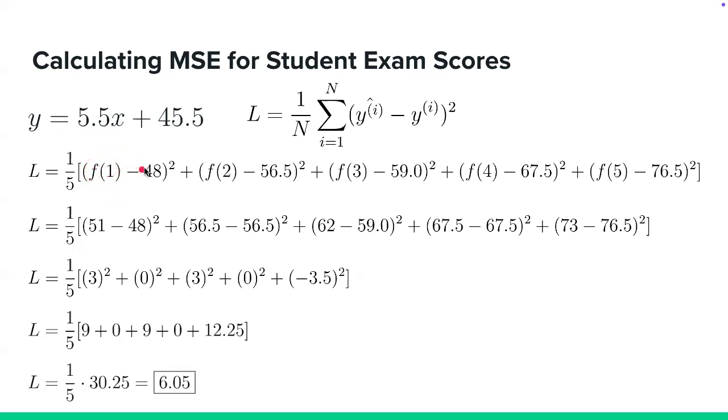So F1 minus 48 squared plus, this is the second data point, F2 minus 56.5, the actual score, squared, plus F3 minus 59 squared, plus F4 minus 67.5 squared, plus F5 minus 76.5 squared. Then we do the math, and we get that the loss is 6.05.